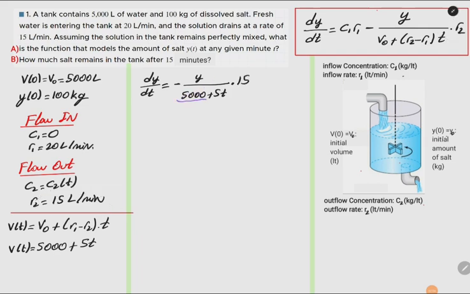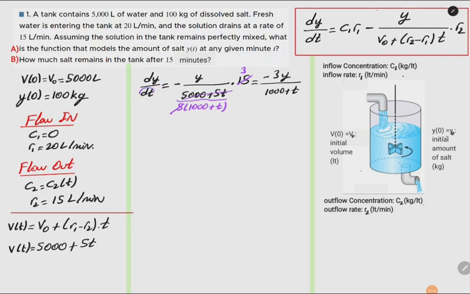So let's factor out 5 in parentheses, which gives 1,000 plus t in the parentheses, and I'm going to cancel this 5 and 15, leaving 3 here. And so observe that we have minus 3y divided by 1,000 plus t. This is the left-hand side, this is the right-hand side. So this is a separable equation, right?